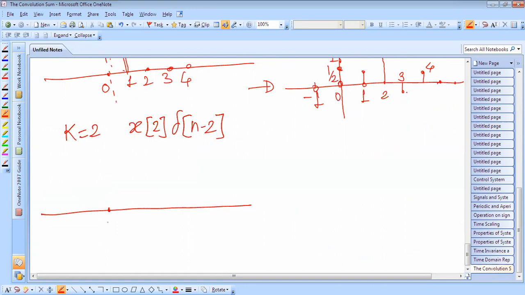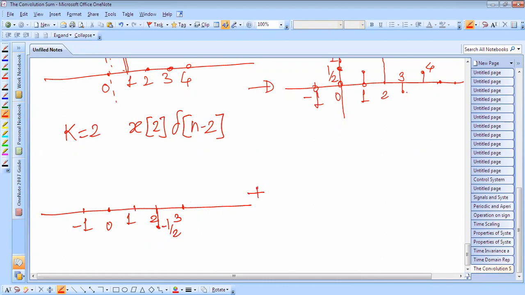And for this, the last signal is given. This is 0, this is -1, 1, 2, 3. So the last is x of 2 into del n minus 2. So n minus 2, this is your value, that is -half. This is the input decomposition of the input signal.